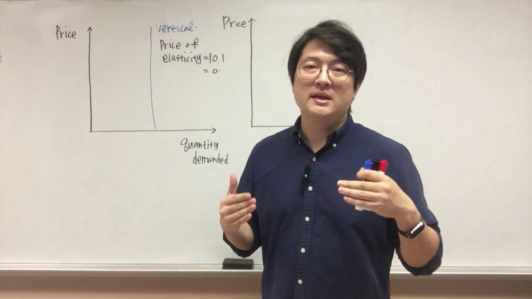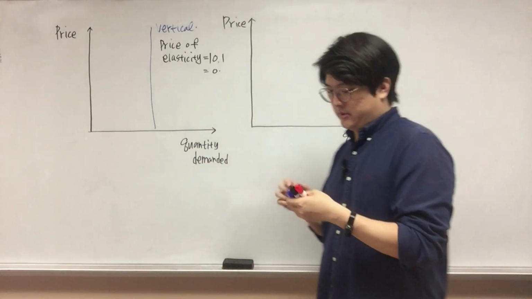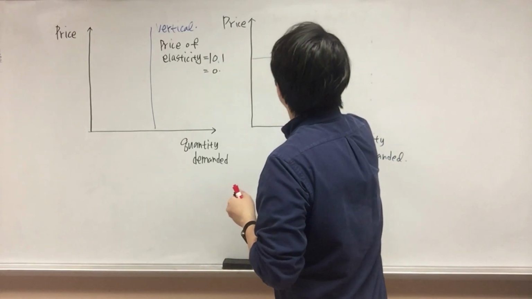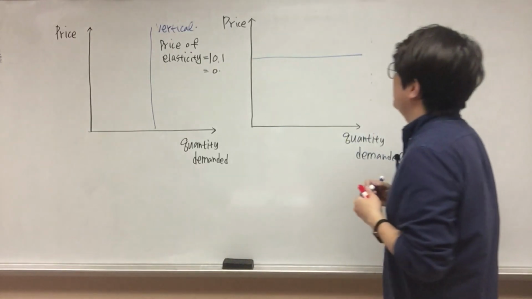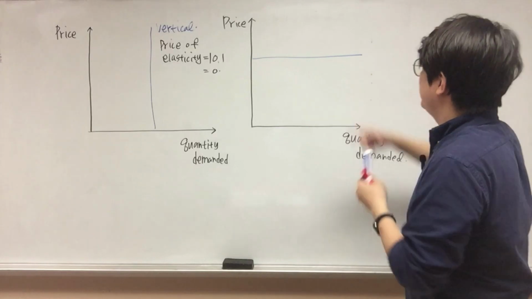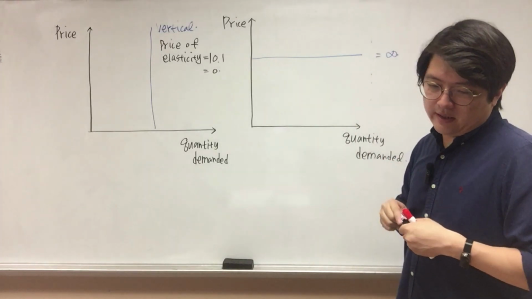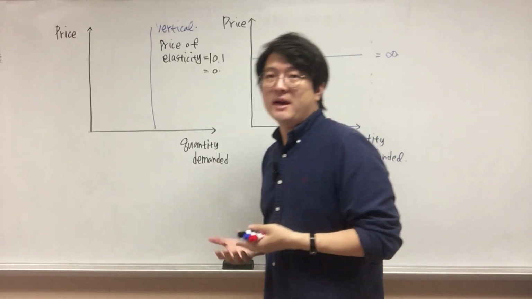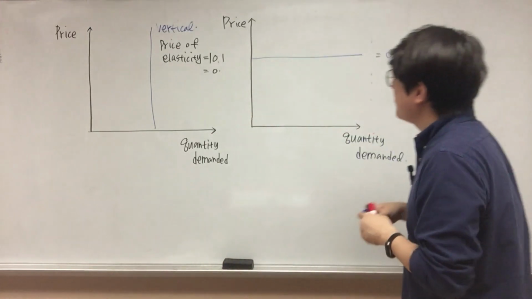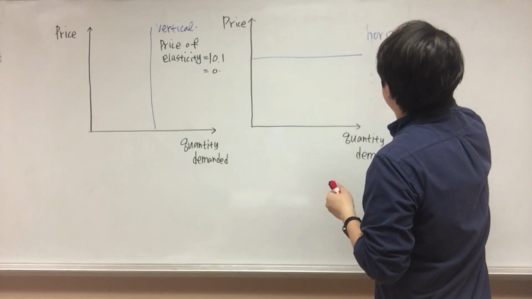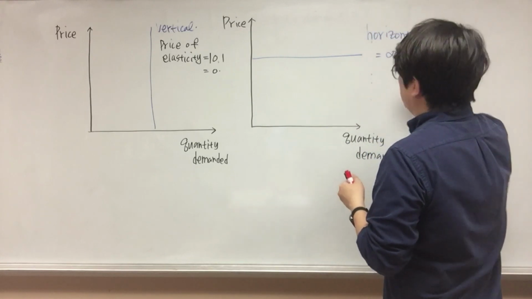Okay. What would be the demand curve if the quantity demanded changed constantly at a particular price? It's going to be a horizontal demand curve. Okay. Just like this. It goes on infinitely. Right? Elasticity of demand becomes infinite. Okay.